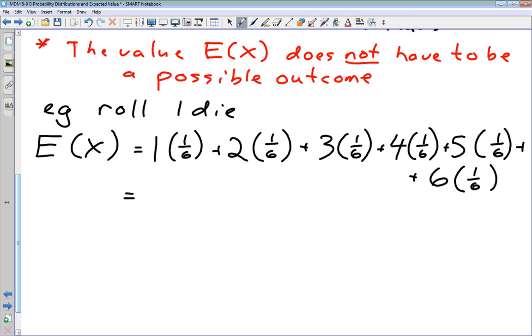We can factor out the 1/6, and then add up the 1, 2, 3, 4, 5, and 6. And we get 1/6 times 21, or 3.5.